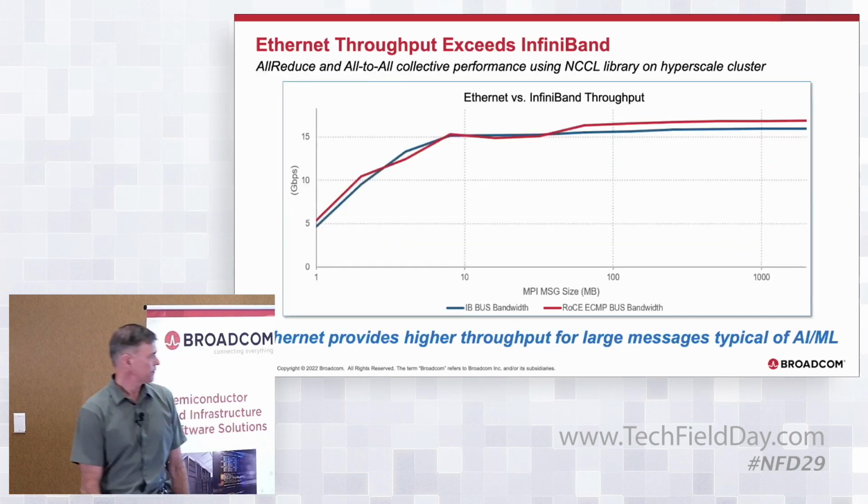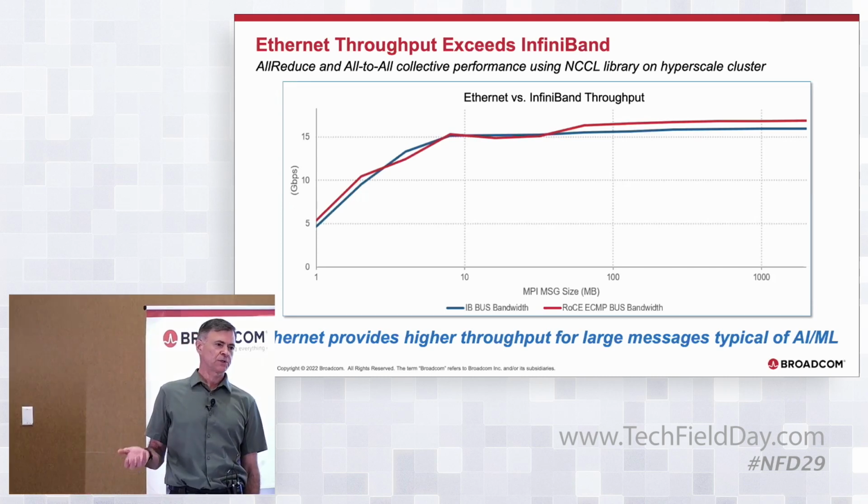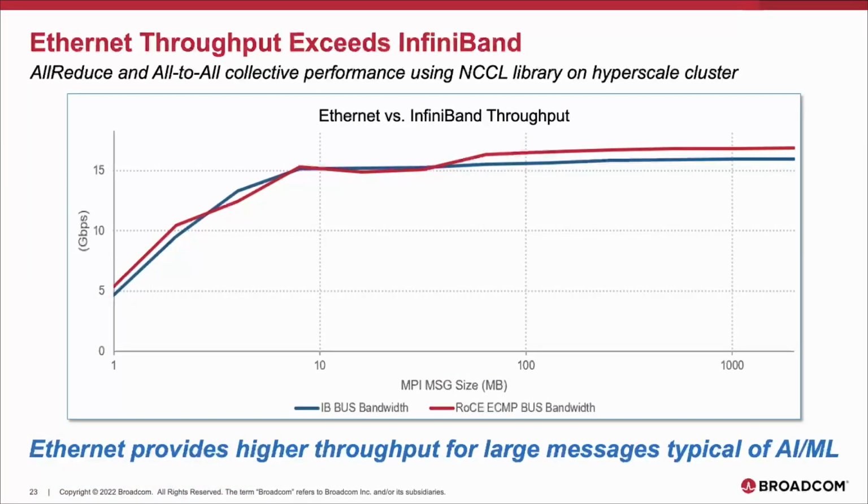So we did another study with one of the leading hyperscalers where they were trying to figure out for themselves, as they're adding AI ML acceleration into their networks, should they continue to use Ethernet or should they now have a dedicated network that uses, say, InfiniBand? This is a test they did on a cluster using InfiniBand switches and using some previous generation Tomahawks.